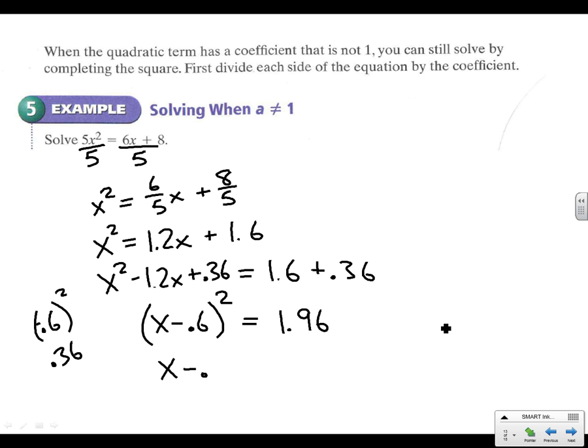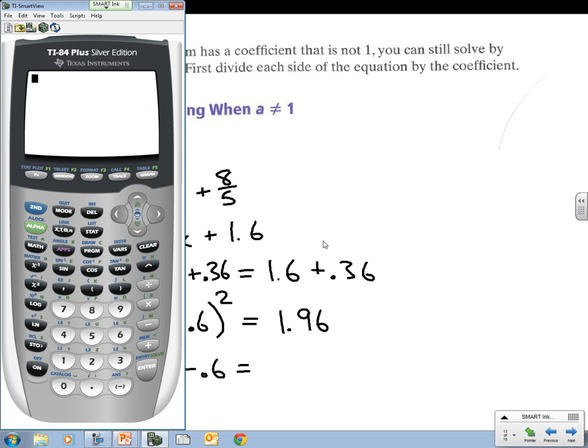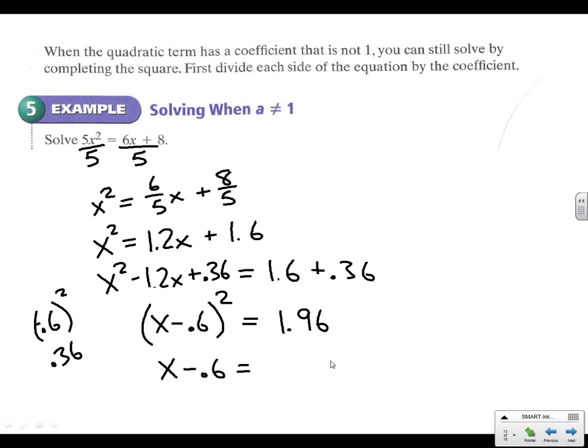And let's finish this off. x minus 0.6 equals the square root of 1.96. Let's grab our calculator real quick and plug that in. 1.96 square rooted, or to the 0.5, is 1.4. So we can plug that in. Don't forget plus or minus, so we can say 1.4 or negative 1.4.